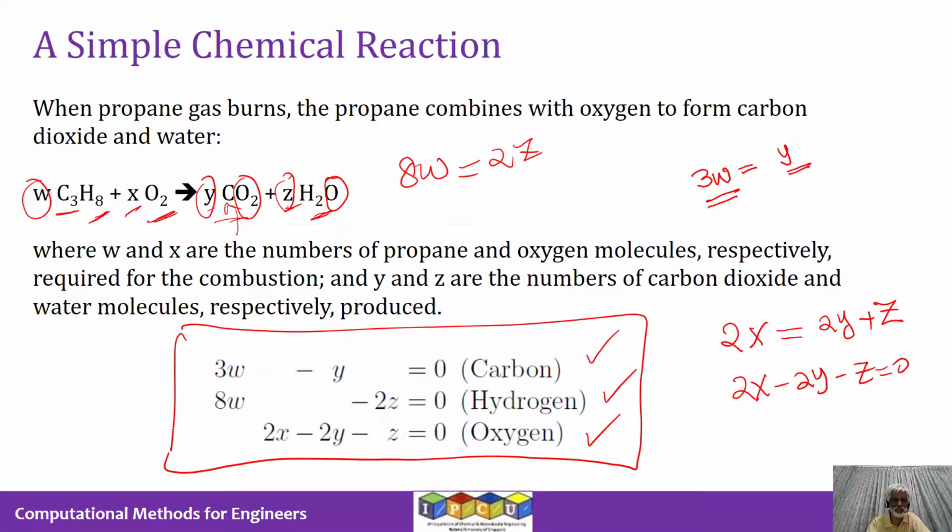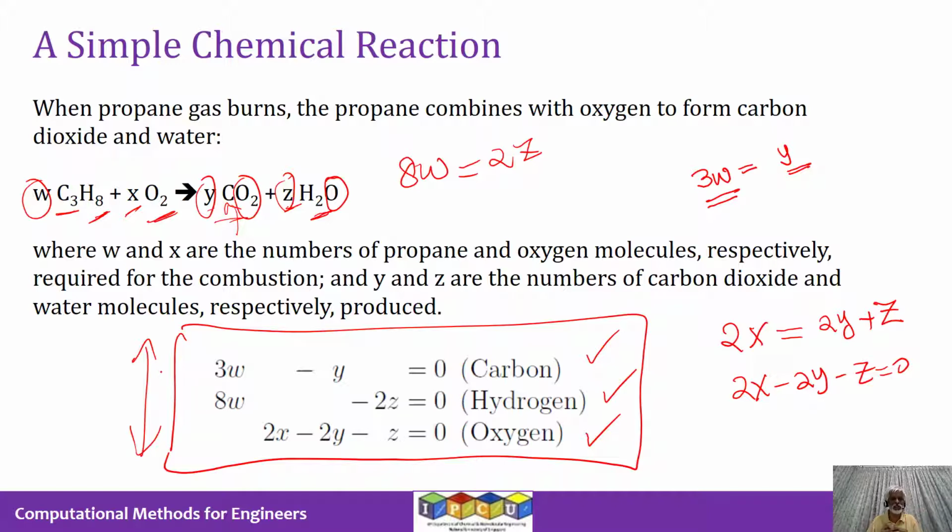In which case, we will still have three equations, but now the unknowns will only be X, Y, and Z, which we can find from these three equations. Or we can specify Y, or we can specify X, or we can specify Z. One of the symbols has to be specified, and using that value for that particular symbol, we can find the other three unknowns.